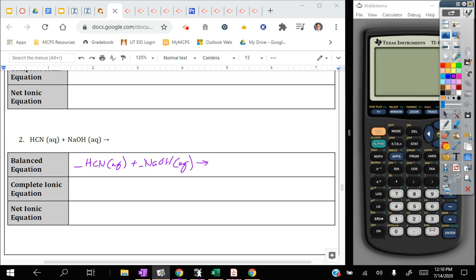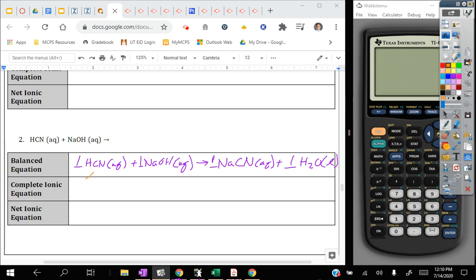So here we get Na+ CN- to form our salt here, and then we get H2O. And if we balance things, everything is actually balanced 1-to-1 on this one. So that's not too bad.